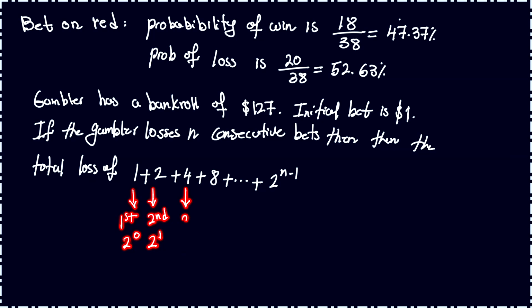Third game, that's 2 to the power of 2, which would be 4. So as you see, the exponent is 1 less than the number of games. So for the nth game, the amount of loss is 2 to the power of n minus 1. Again, this is assuming that the initial bet was just $1.